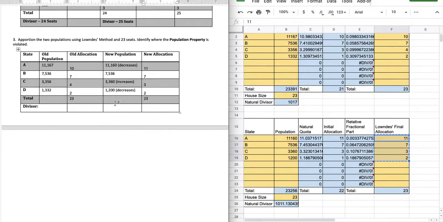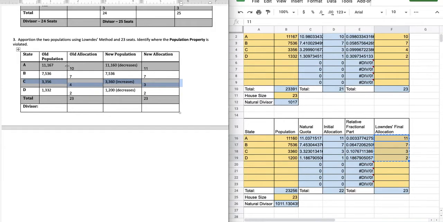Now let's look at the numbers here. State C had 4 seats, went down to 3 seats. That's the problem. Their population increases. And let's look, State A decreases. They went from 10 to 11. State D stayed at 2. But here's the problem: State C combined with State A. State C, their population increased, they lost a seat.